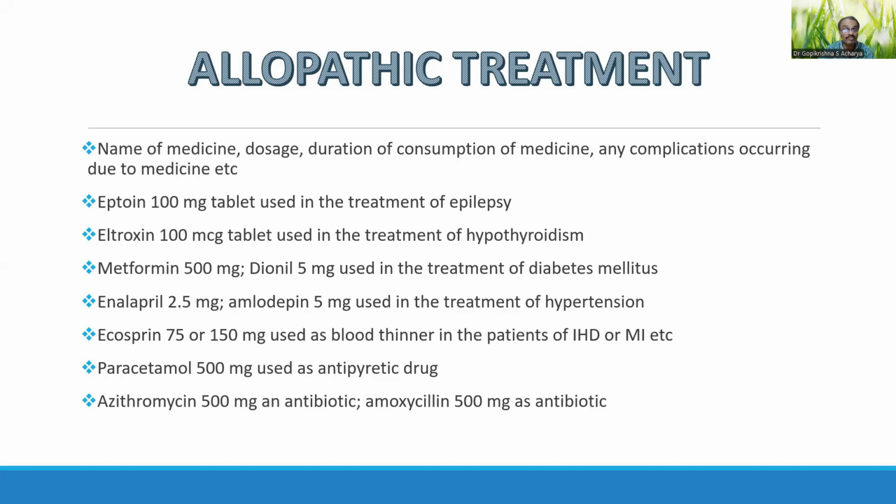Ecosprin, 75 mg or 150 mg, is used as a blood thinner in patients suffering from ischemic heart disease or myocardial infarction. Paracetamol 500 mg is used as an antipyretic drug. Azithromycin 500 mg or amoxicillin 500 mg, etc., are used as antibiotics. So when they are taking these medicines, we are in a better position to predict what kind of diseases they are suffering from.